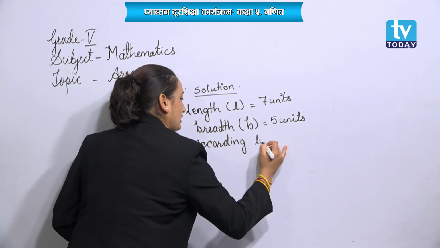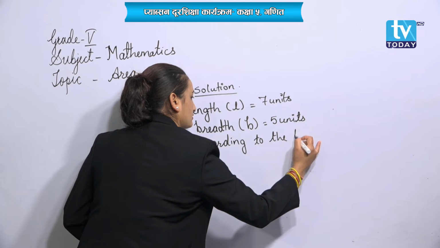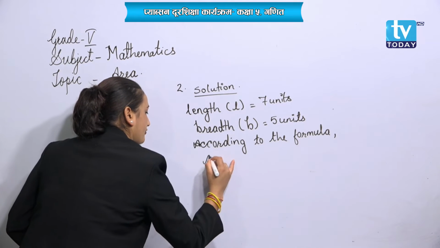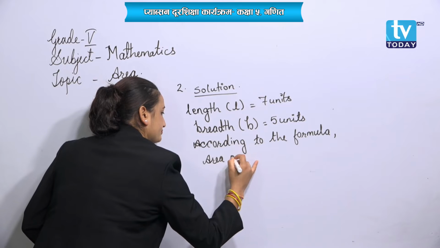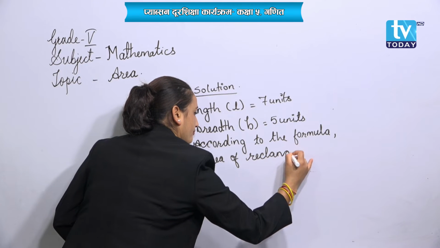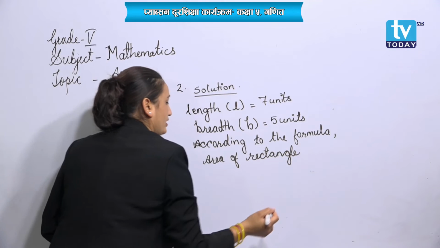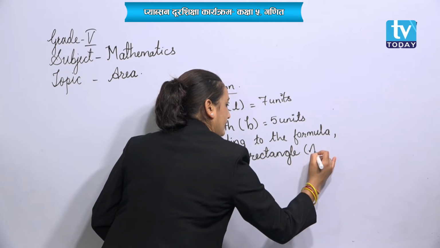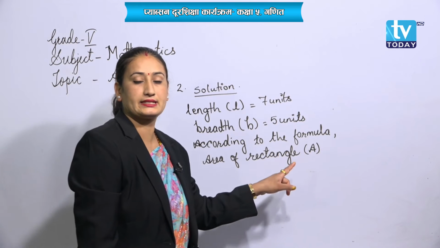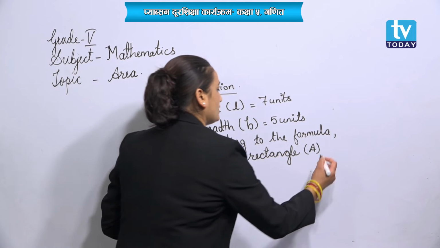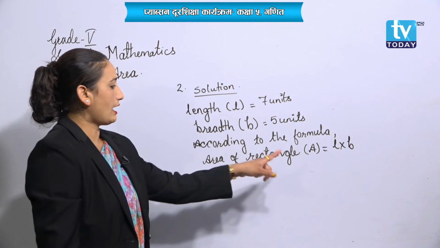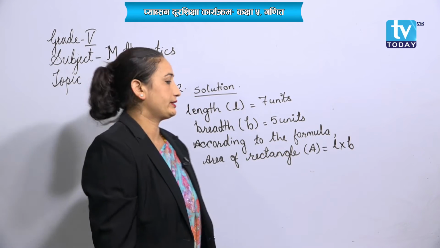According to the formula, area of rectangle A. Area is denoted with letter A. Okay, it's capital A, and the length into its breadth, L into B. Done.